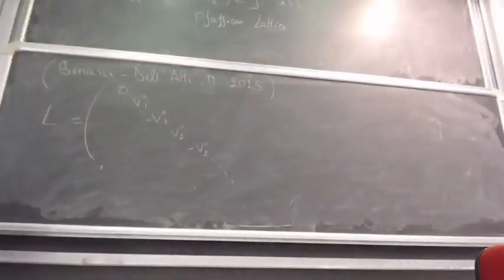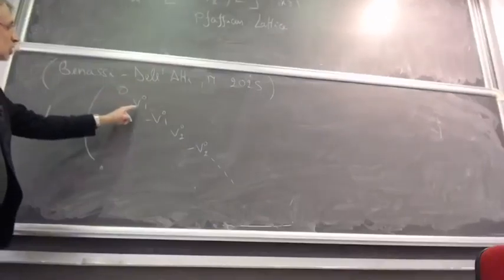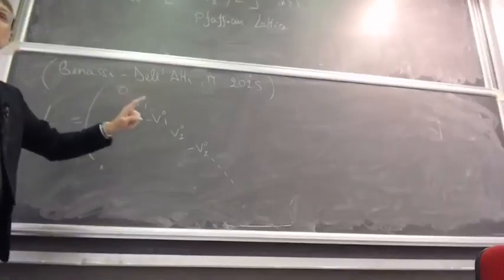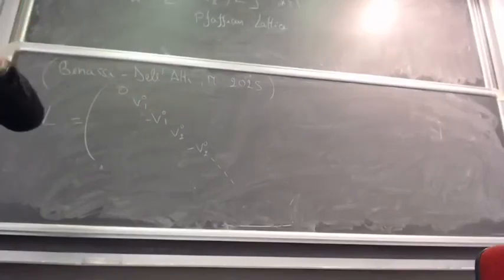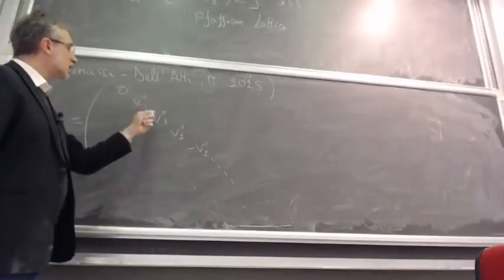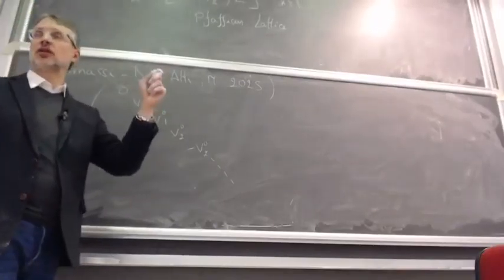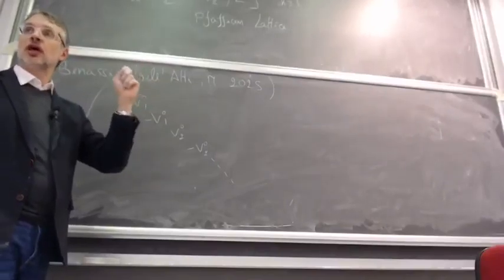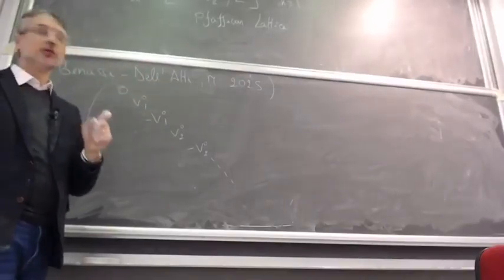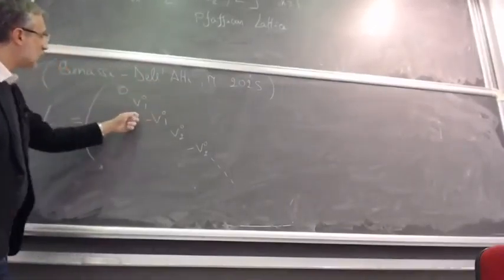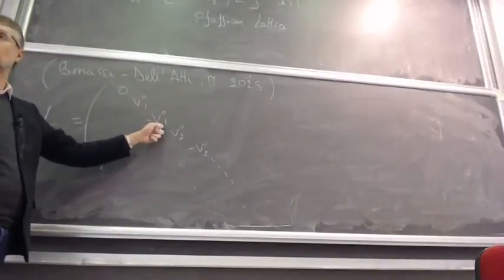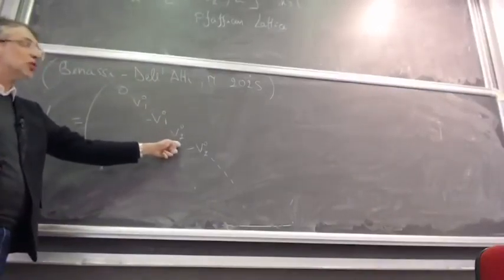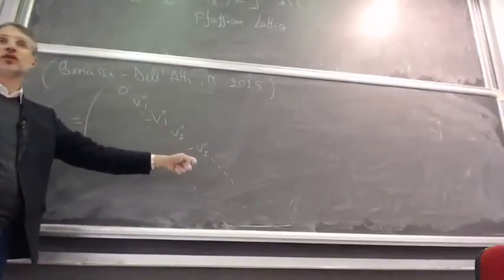The first entry is 0. Then we have these variables, where I use a notation that tracks the position along the diagonal, once you fix the diagonal. So we have v_{01}, and then the next one is minus v_{01}. Then we get v_{02}, minus v_{02}, and so on.